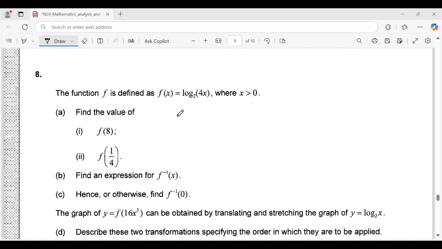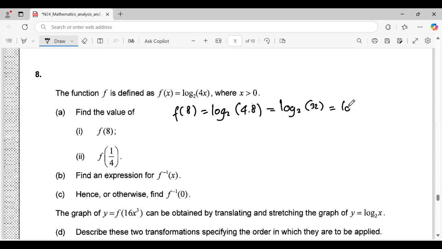The first is f8. Fx is log 2 of 4 times 8, log 2 of 32, log 2 of 2 to the power 5, or we can write 5 log 2 of 2. This is 1, so 5 times 1 is 5. So f8 equals 5.